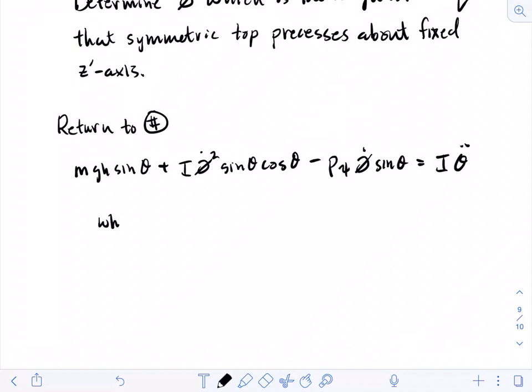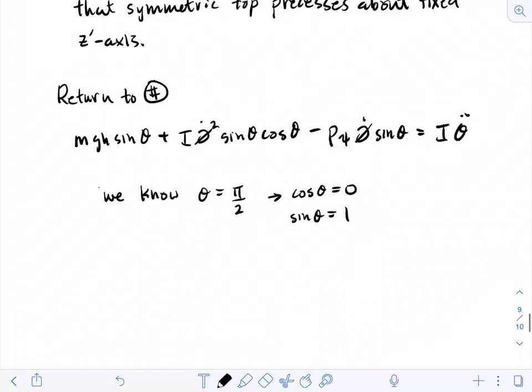So we know now that theta is pi by 2. So wherever we see a cos theta, that's going to be 0, and wherever we see a sine theta, that's going to be 1.